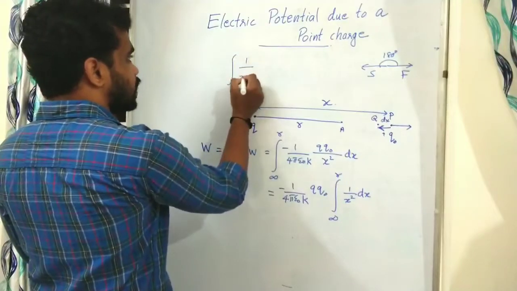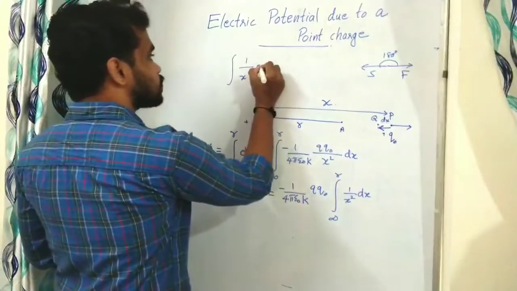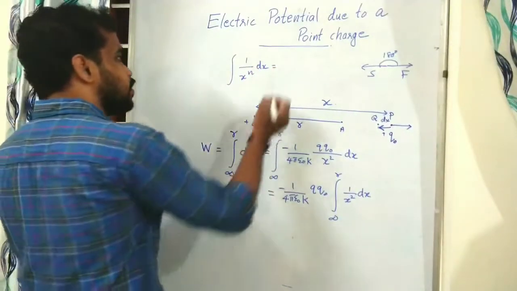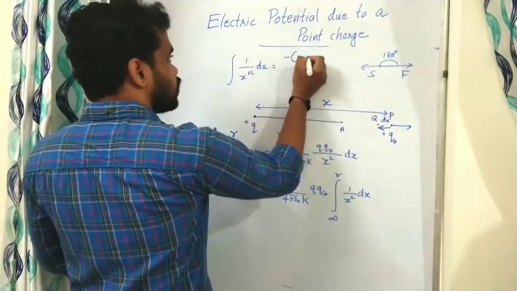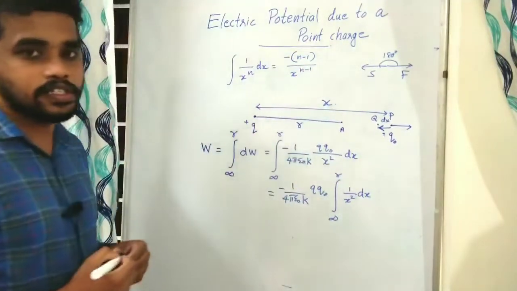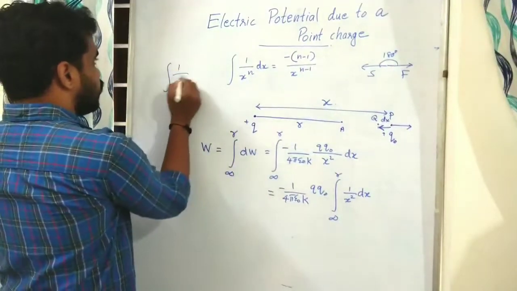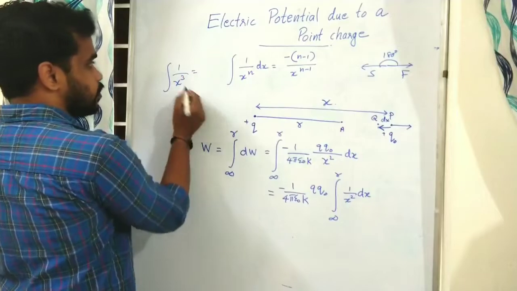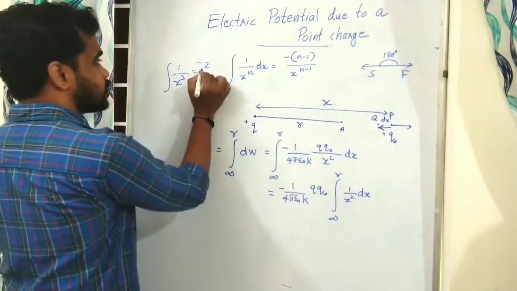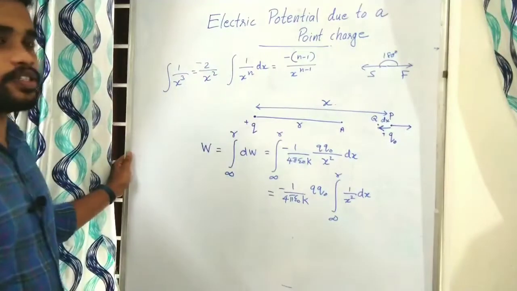The integral of 1 by x raised to n dx formula is minus 1 divided by (n minus 1) x raised to n minus 1. This is the formula. For example, the integral of 1 by x cube: subtract 1 from 3, that is 2, and write a minus there, minus 1 by 2 x square.